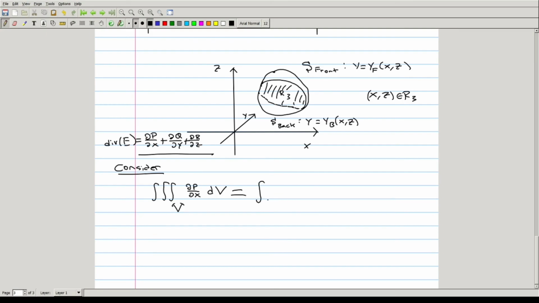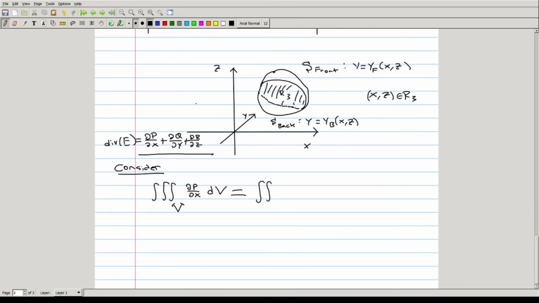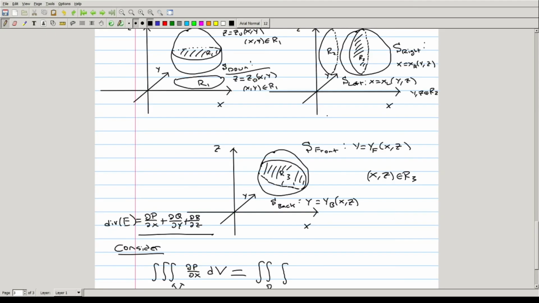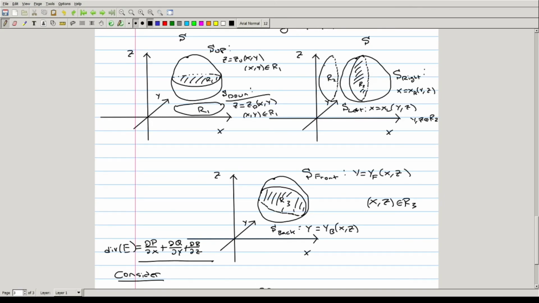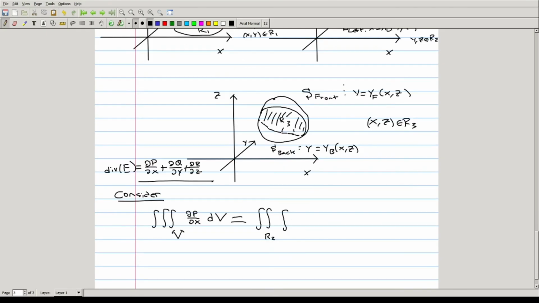And remember, we can evaluate this in any order that we want because it's a triple integral. So if we assume that S is a simple surface, and region V is a simple region, then we can evaluate this as the double integral over the YZ plane region, so it's this one right here, this R2, of the integral from the left surface, x_L of y, z, to the right surface, x_R of y, z.